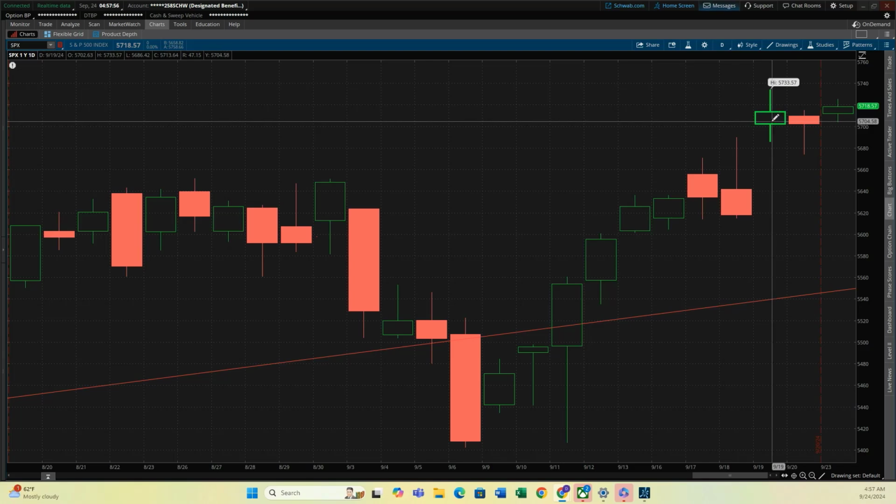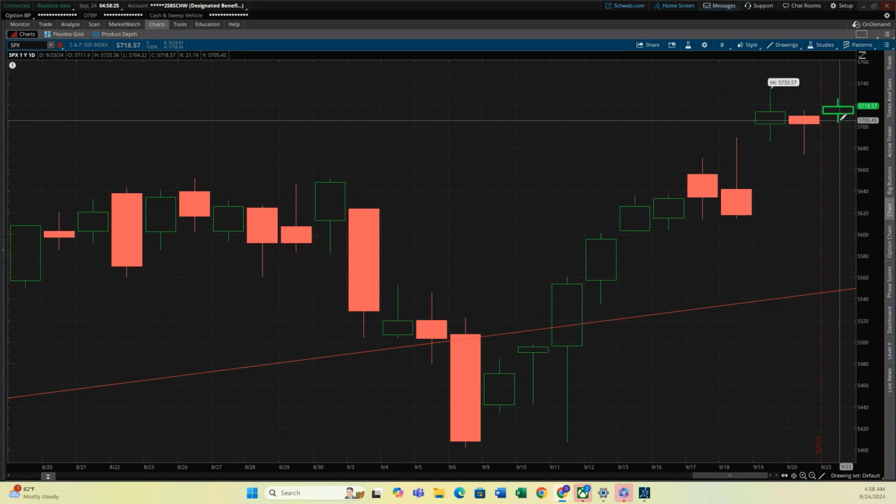And one of the most important things about this gap up is that you can see it opened right above 5,700. So 5,702 and change is where we opened. And 5,700 is a natural kind of round number. And so, whenever a round number is taken out as support or resistance, then the most important thing it can do is hold it.